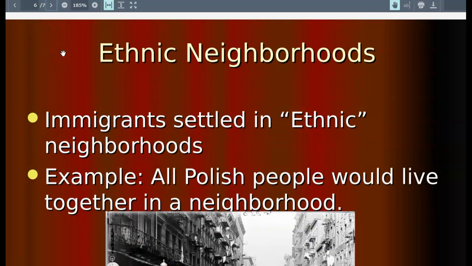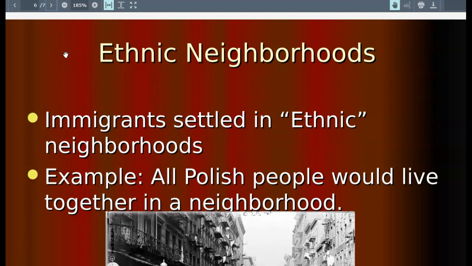Ethnic neighborhoods, and we're going to explore this a bit more in just a few minutes, were neighborhoods in some of the larger cities in the United States, like New York, San Francisco, Philadelphia, Boston.